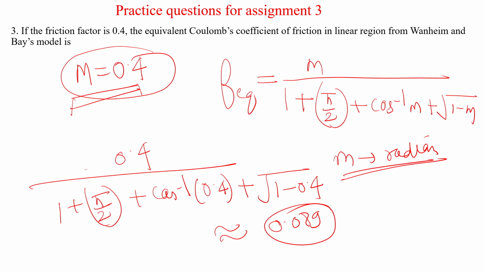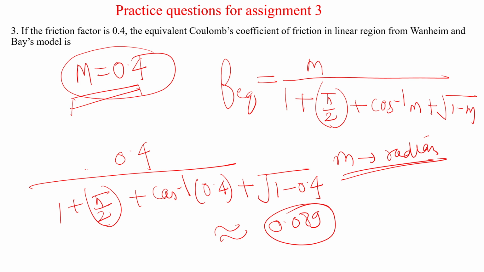Use cos inverse, na? We will take pi as 3.14. You can take that. 0.09028.